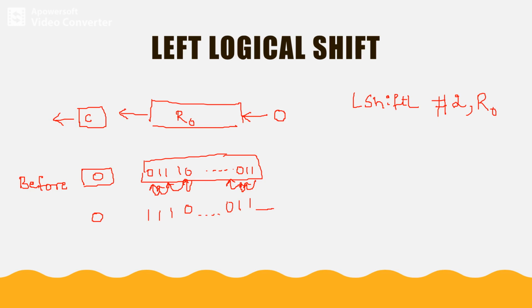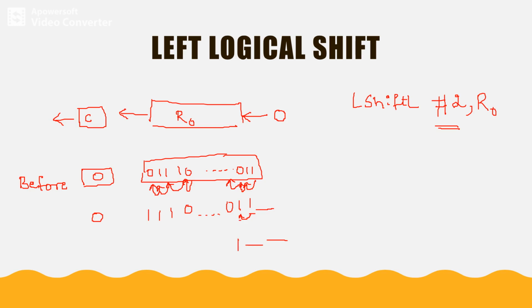This is the result of performing logical shift with the count value 1. Now since the value of count is 2, once again I will perform the shift operation. This location is empty and this 1 will come to the previous location. This is also empty.